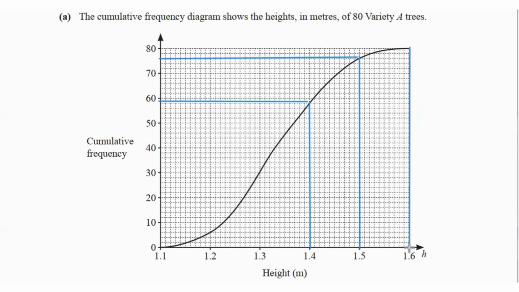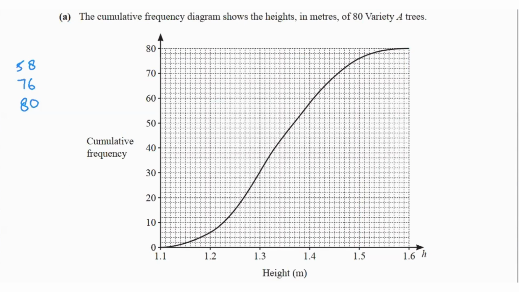And at 1.6, we have this. So we have 58, we have 76, and we have 80.